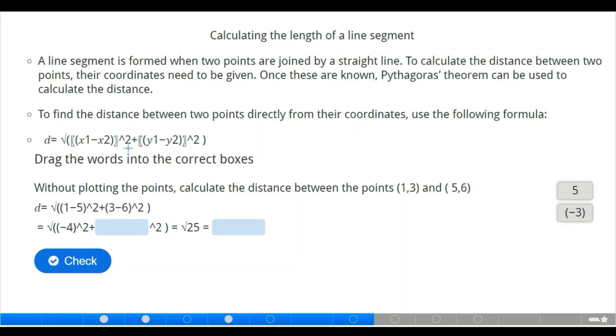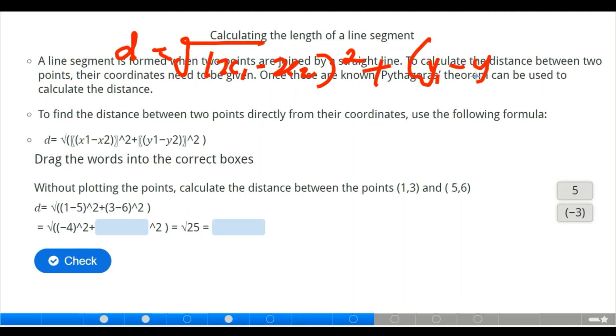We have to calculate the distance between these 2 points, 1 and 3, that is x1 and y1, and 5 and 6, that is x2 and y2.